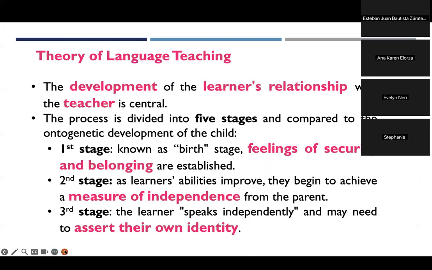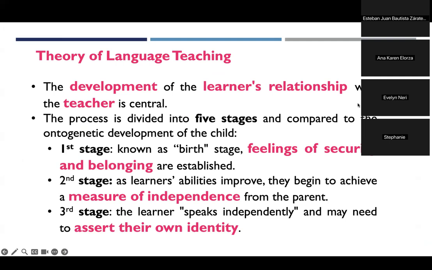So now, what's the theory of language teaching? In this case, the development of the learner's relationship with the teacher is central. And according to this theory of language teaching, the relationship between learners and teachers will follow 5 stages.